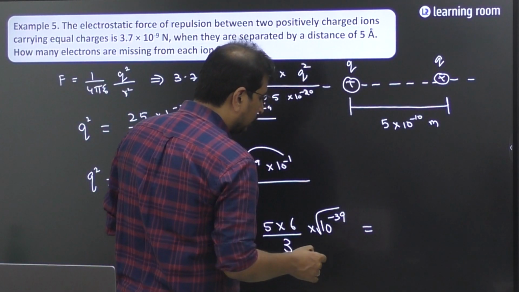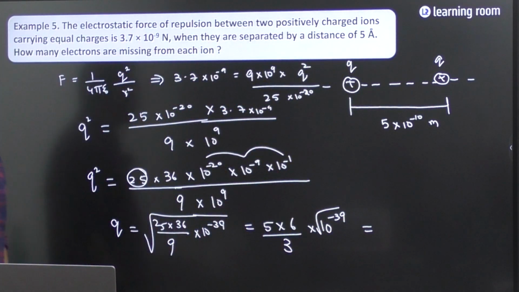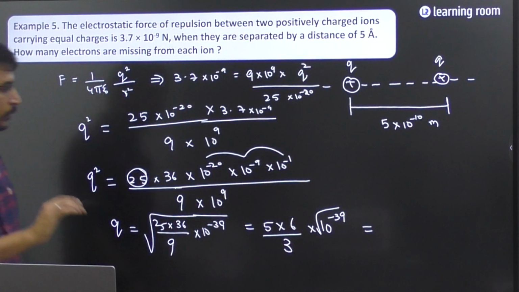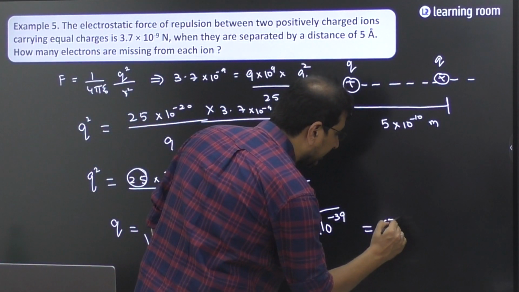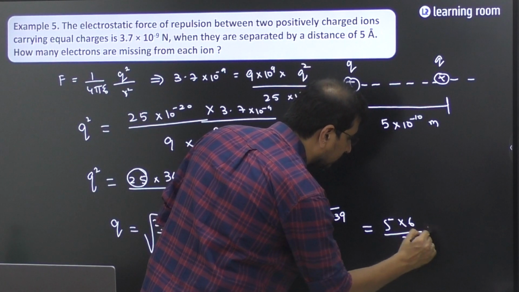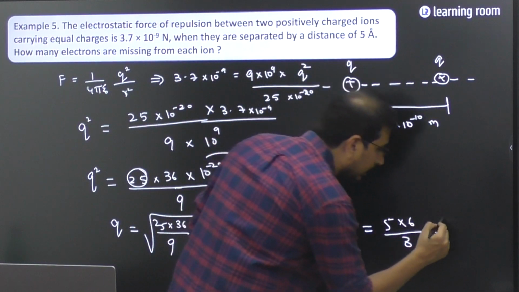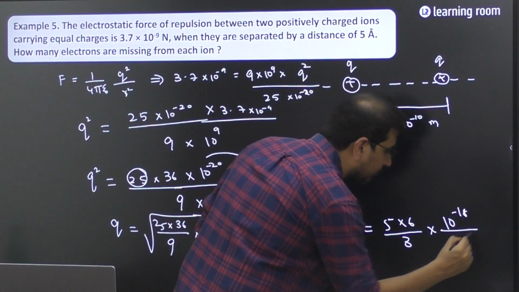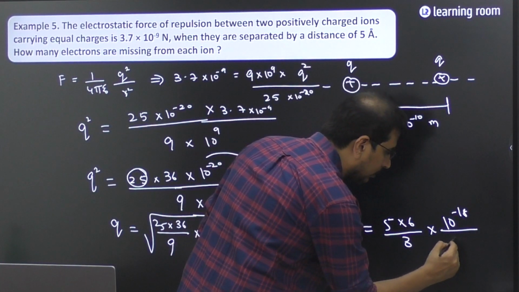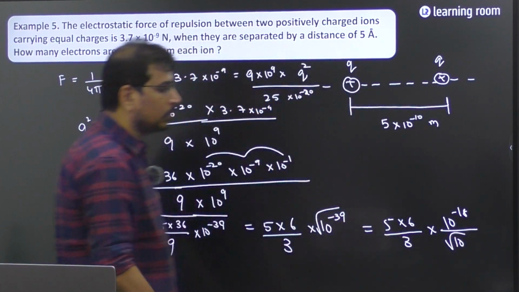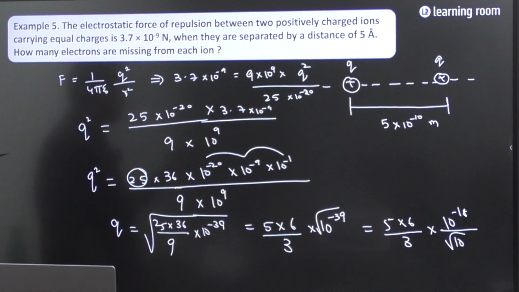So if I write it as 10 power minus 18 into 10 power minus 1 by 2. Did you get a direct answer? No, right? It will be 10 power minus 19 divided by root 10. This is what you will get. Root 10 is 3.3. When you solve this, it will give you the final answer. Okay.